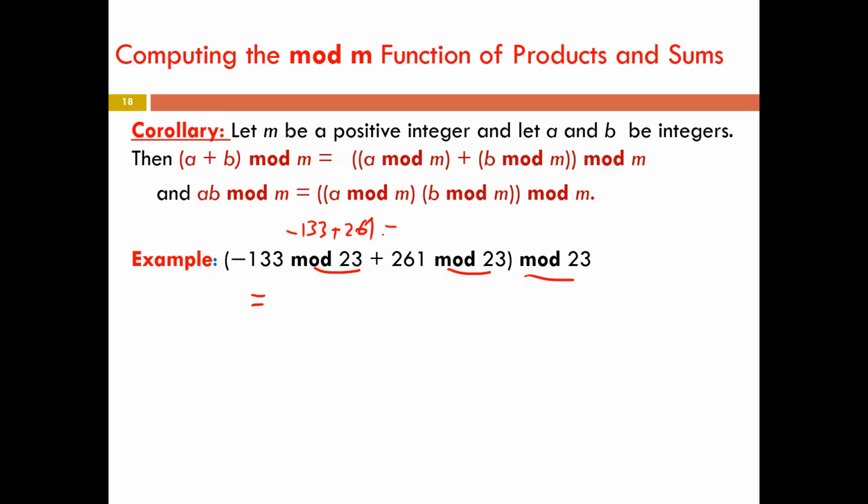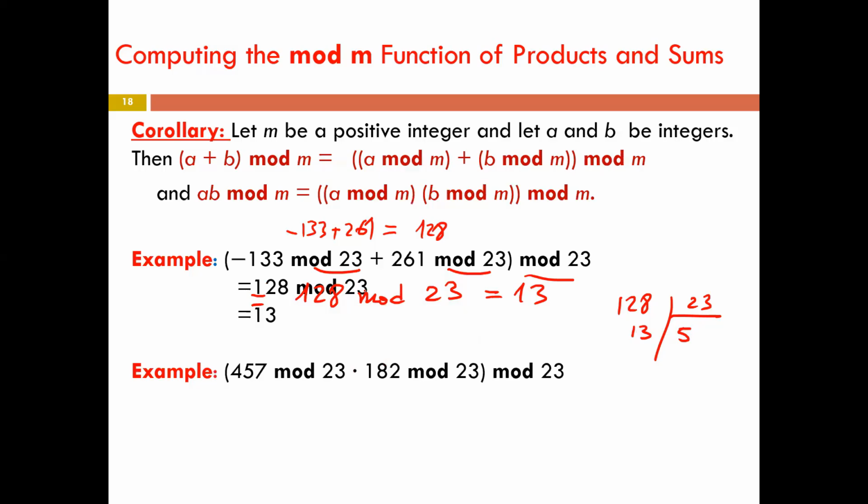Okay, we add them and we get 128. So this is 128 mod 23. Okay, and you can calculate 128 mod 23. The remainder is 13, so this is 13. So you can combine here in this way, the product as well.